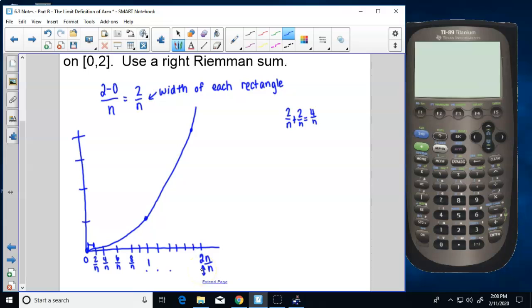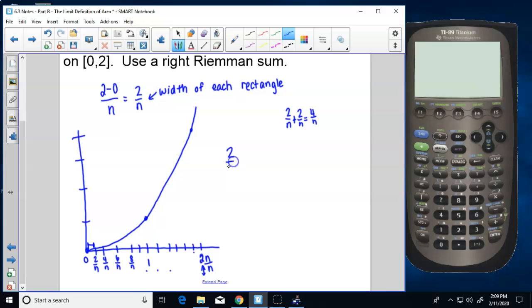If we wanted, this one right here would be 2n minus 1 over n, I think. Well, let's not even worry about that one. I might have that wrong. We don't need that.